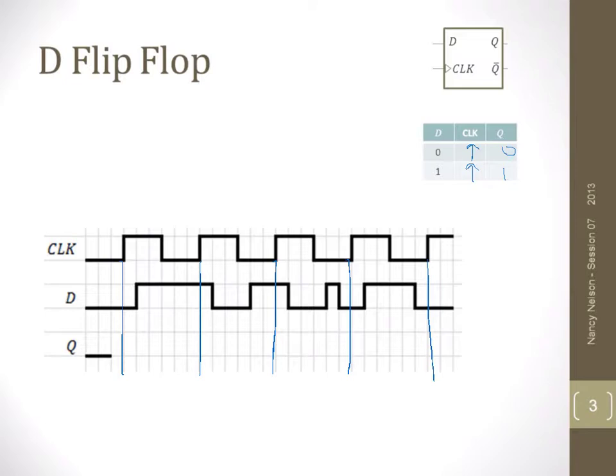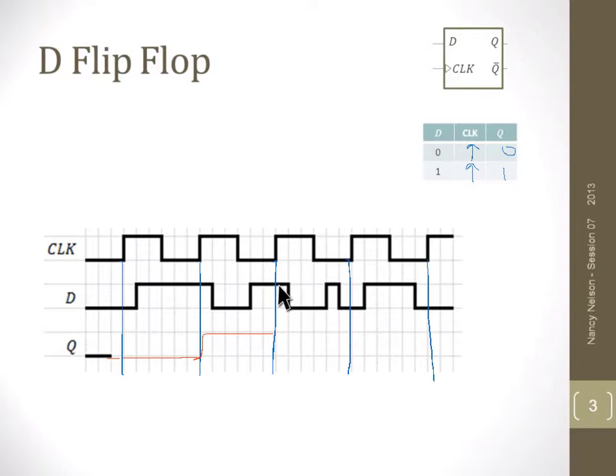Let's take a look at what happens to our waveforms here. Again, we're going to start Q off low, and we can take it low right to that first transition point. Here, we look and we say D is low, so that's the value we're going to store until the next sample point. Next sample point, D is high, so like a good D flip-flop, it follows the input and the output becomes high.